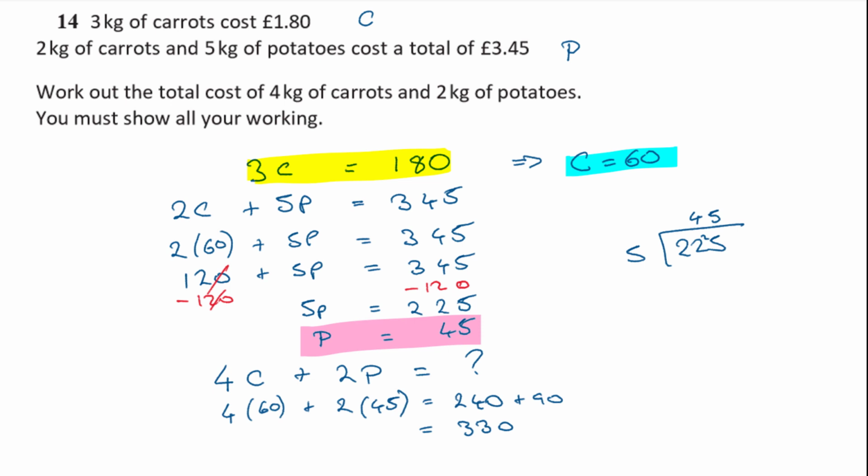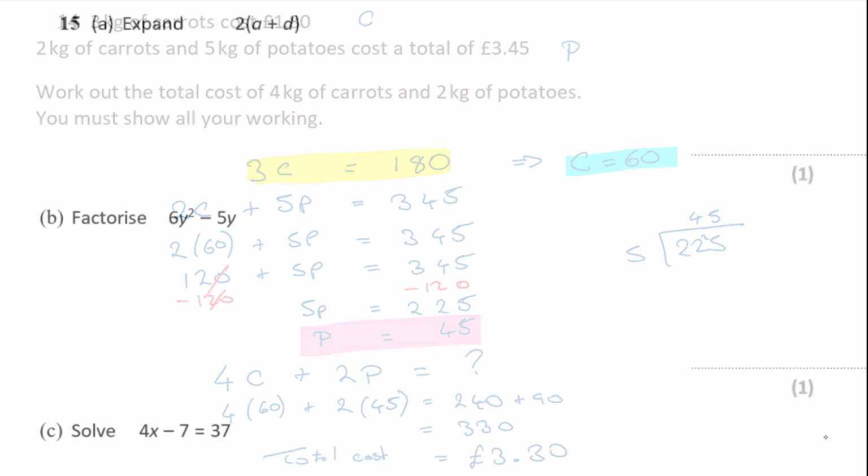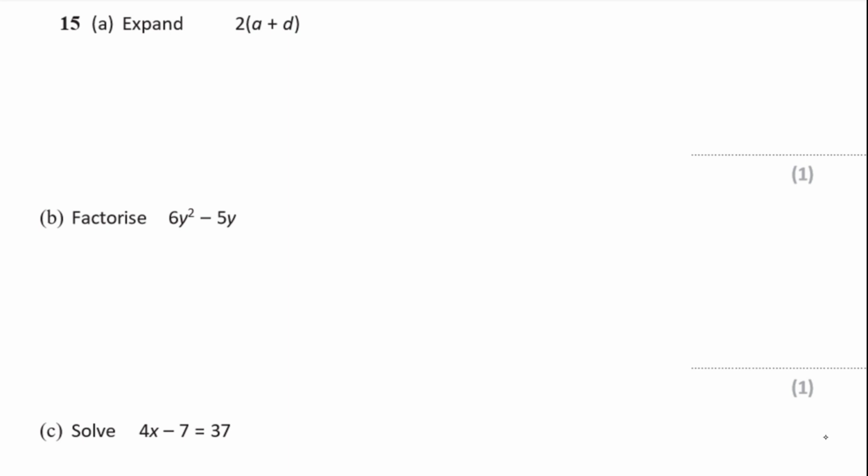Okay, so I worked that out in pence, if you remember. So what is the total cost of 4 kg of carrots and 2 kg of potatoes? I'm just going to convert that into pounds and pence now. That's £3.30, isn't it?